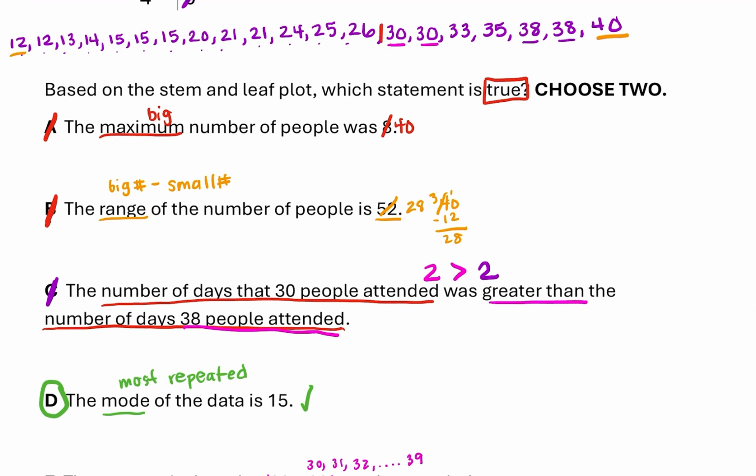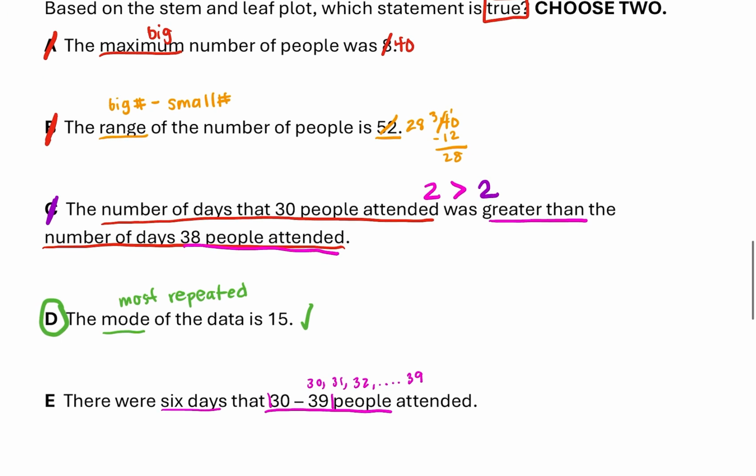So from 30 to 39, there's not a 39, but there's a 38. So we're talking about these people right here. And those represent people, so we need to know how many of those are there. So there is 1, 2, 3, 4, 5, 6. So that would be 6 days, which if we're looking at our question, 6 days. So yes, that would be my answer.